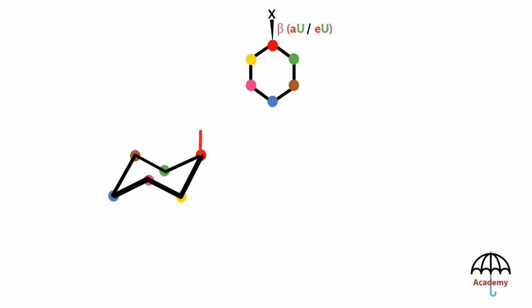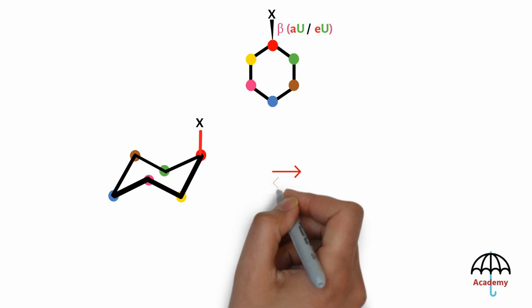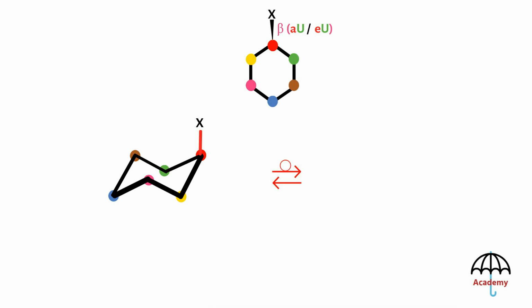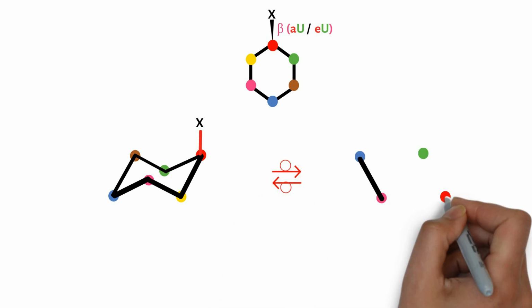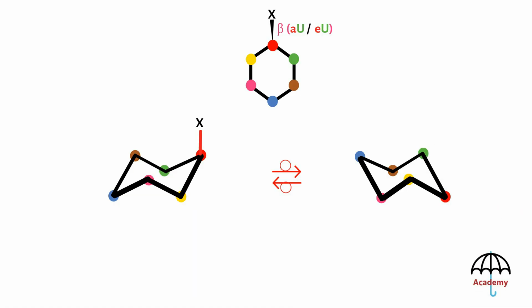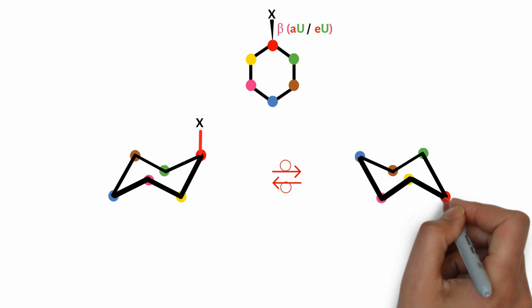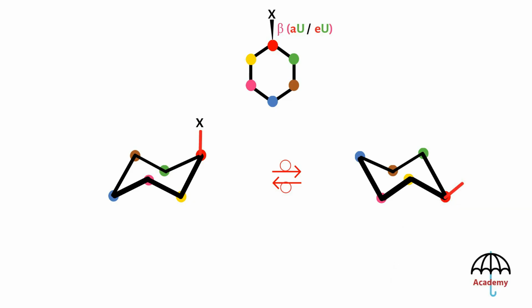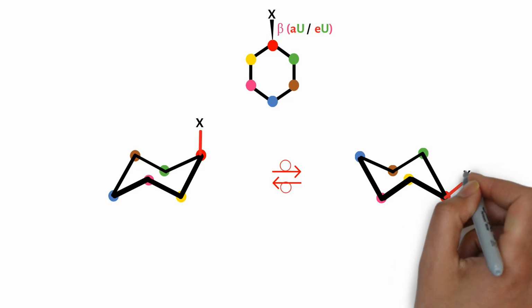On this carbon, I attach substituent X on axial up position. I can draw the ring flipped form like this. We know that in flipped chair, up carbons are now down and vice versa. The axial up becomes equatorial up position. So substituent X is now on equatorial up position.